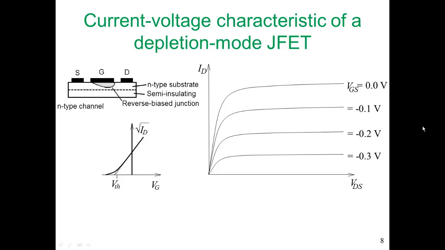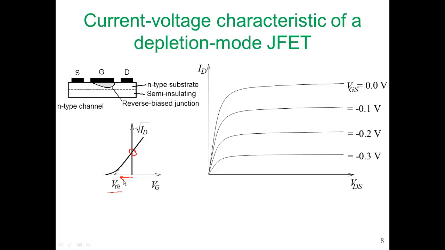So what we see here, this intersection indicates that when VG is 0, there is a drain current, there is a threshold voltage, and we operate this device by reducing the gate voltage, making it more negative, putting the gate contact into reverse bias.